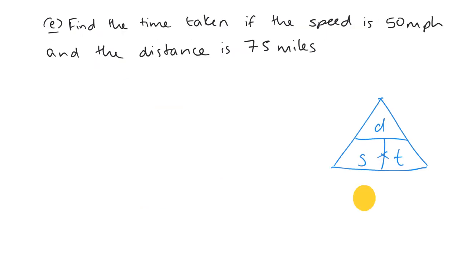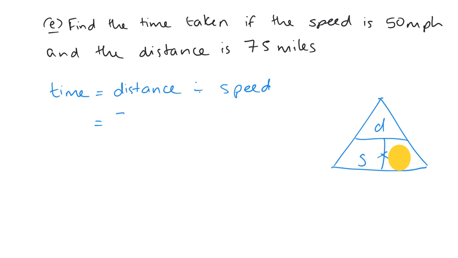And the last one then, find the time taken if the speed is 50 miles per hour and the distance is 75 miles. So we're looking for time, cover over T in the triangle, and we get that our time equals distance over speed, or distance divided by speed.